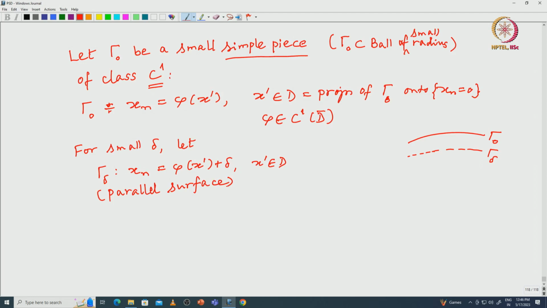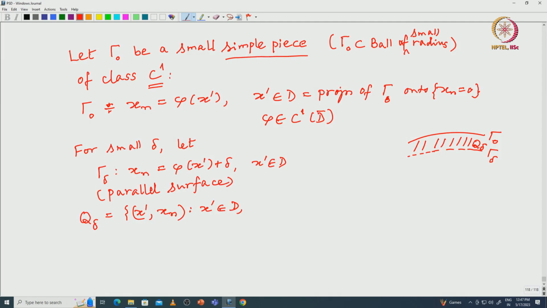Okay. And now, you define this Q delta. So, essentially this is the space between these two surfaces. So, this is Q delta. Okay. So, Q delta is the set of x prime, x n, where x prime is in D. So, it is easier to understand from the figure.